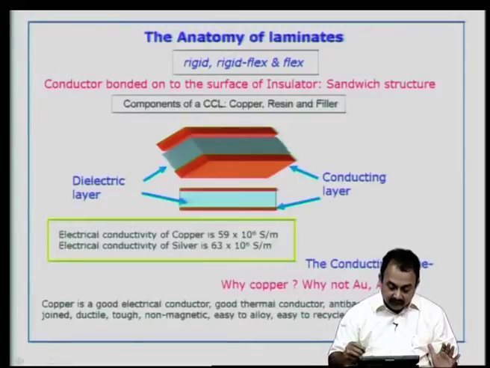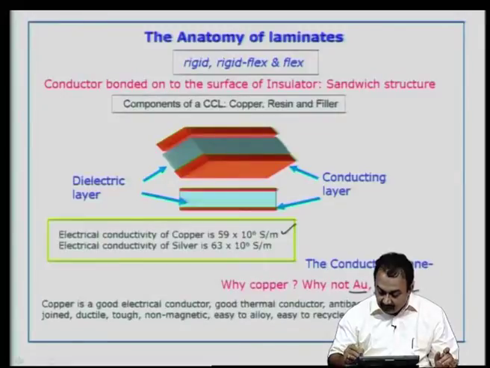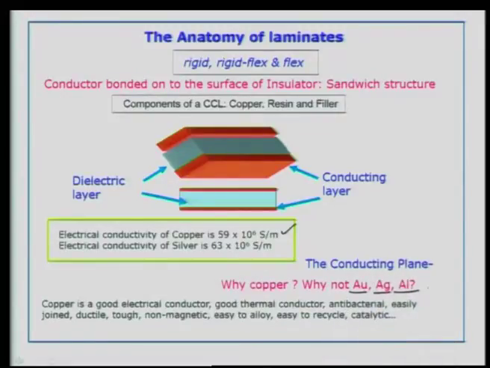The electrical conductivity of copper is very high, silver is much better. But we do not use gold or silver or aluminum in the printed circuit board industry, essentially because copper is a good electrical conductor, good thermal conductor, it is antibacterial, easily joined, ductile, tough, non-magnetic, easy to alloy, easy to recycle, catalytic and so on, and it is compatible with all the chemical processes.